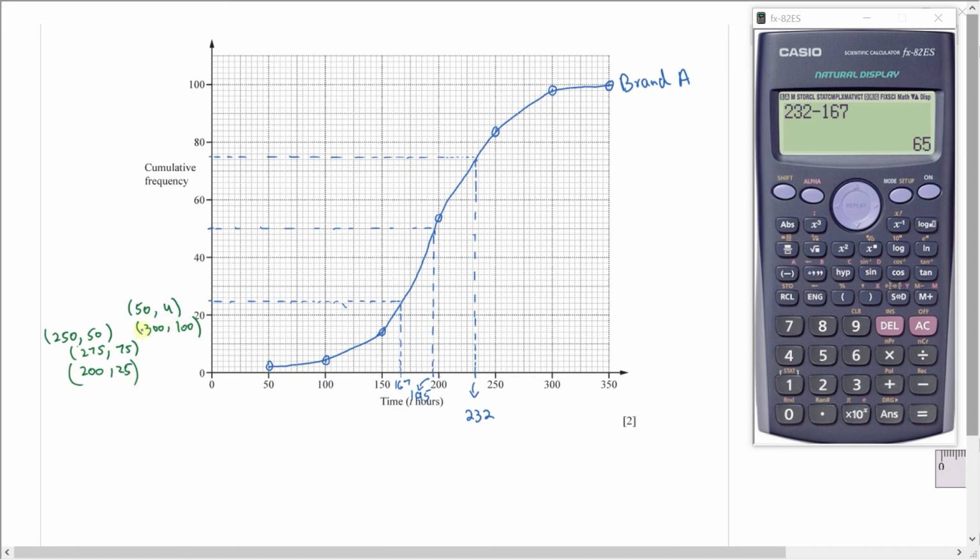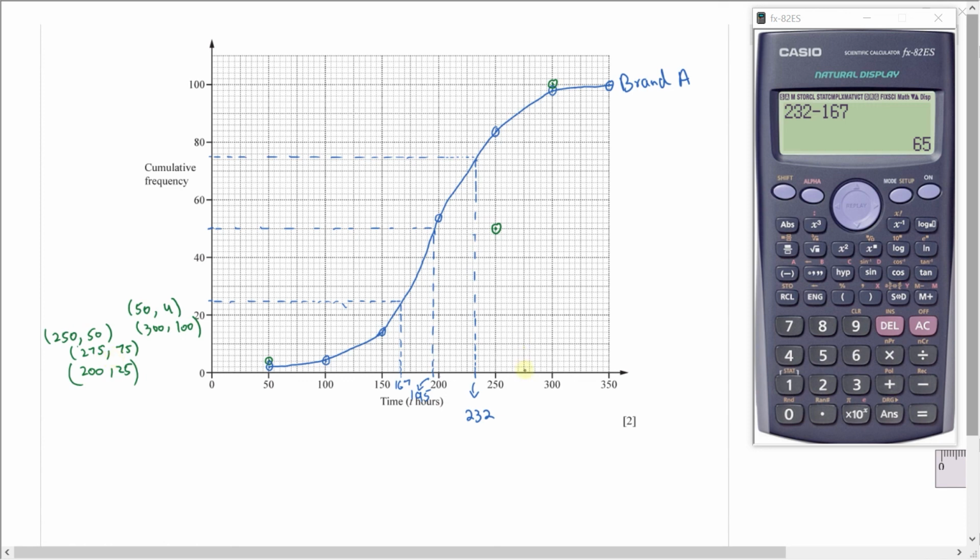So your first point is 50 and 4. So 50 and 4 will be this point here. Then you have 300 and 100. So 300 and 100 is this point. Then you have 250 and 50. 250 and 50 is this point.